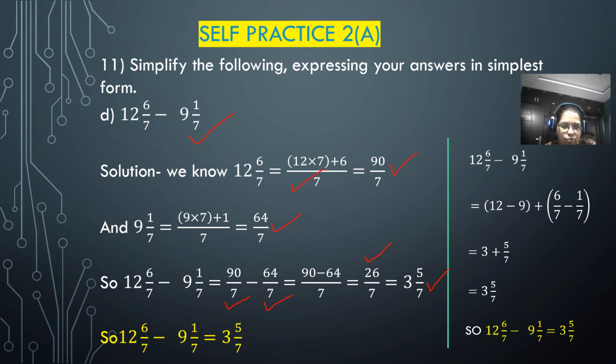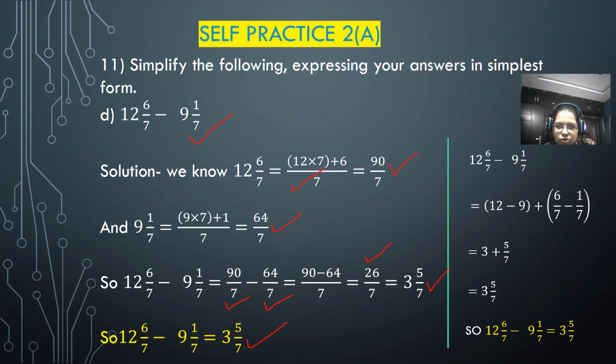So we get 12 6 divided by 7 minus 9 1 divided by 7 equal to 3 5 divided by 7. This is one way, and we can find the subtraction of these mixed fractions in another way also, that is 12 6 divided by 7 minus 9 1 divided by 7.